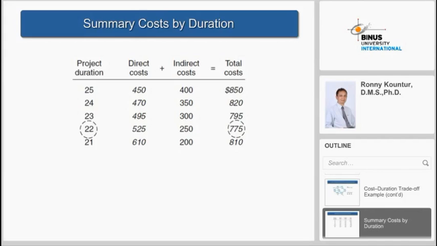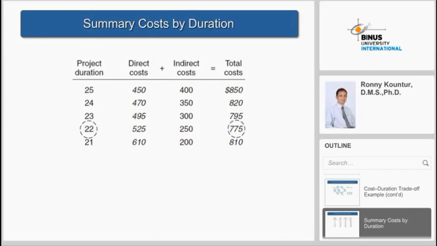See that the total cost keeps on reducing. Why? Because the indirect cost is reducing. So in any project, there is always direct cost and indirect cost. And when we reduce the time, the direct cost will increase, but the indirect cost will decrease. Why? The indirect cost decreases because the time is lessened. Okay.